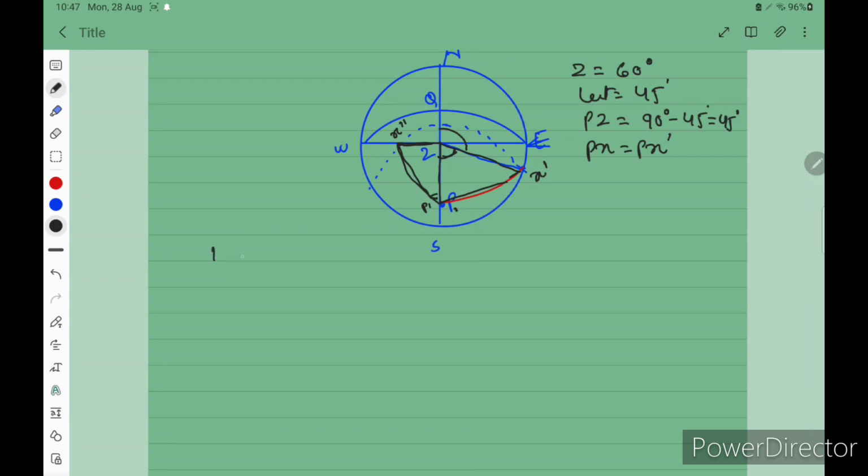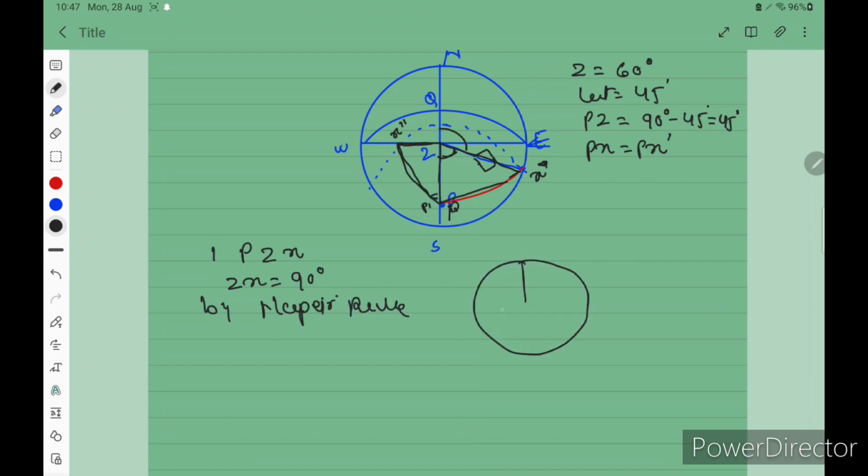So in triangle PZX, ZX is 90 degrees. So by Napier's rule, ZX is 90, so 90 minus PX, P minus 90, 90 minus PZ.